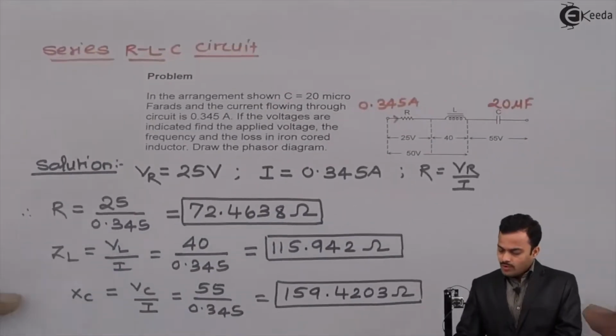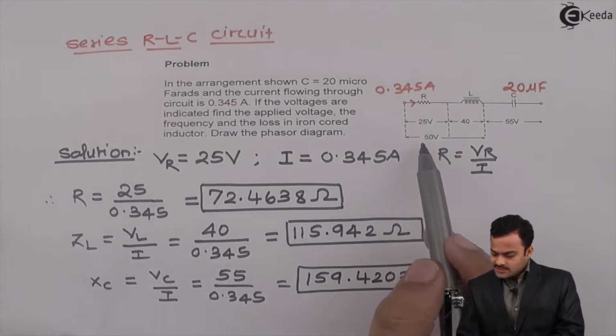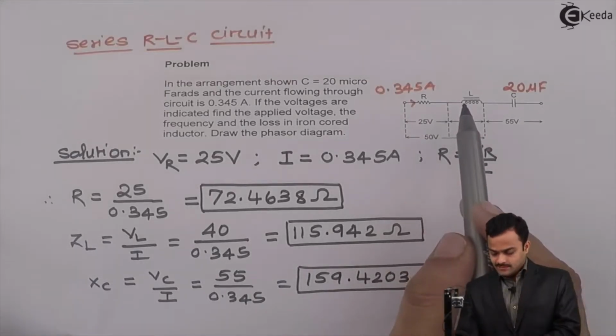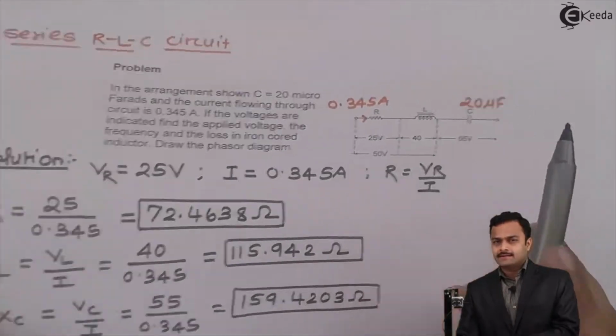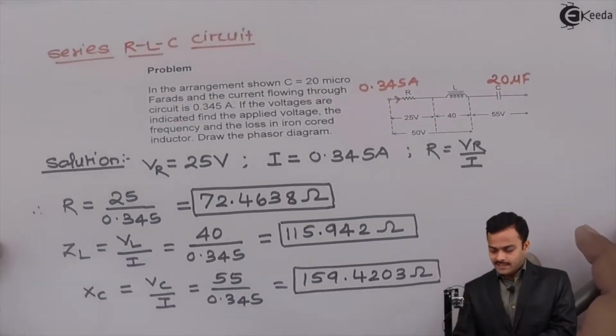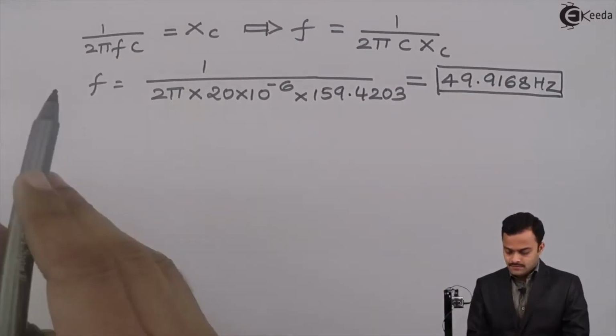Now, one more voltage they have given, that is 50, and that is across the series combination of this resistance and this inductor. So I can get a combined impedance of resistance and inductance, which I will represent as ZRL.